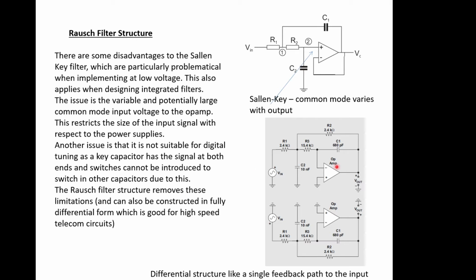So this is not significant. This is just an example of a differential structure to show that the more perfect your symmetry from plus to minus, the better the performance of the circuit is going to be. And obviously everything here is referenced to ground, so there are no common mode issues.